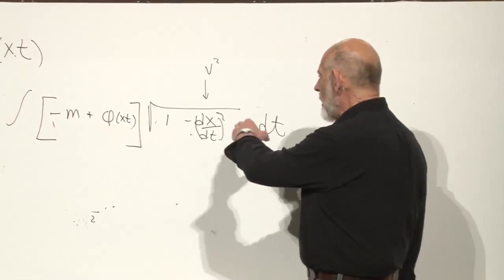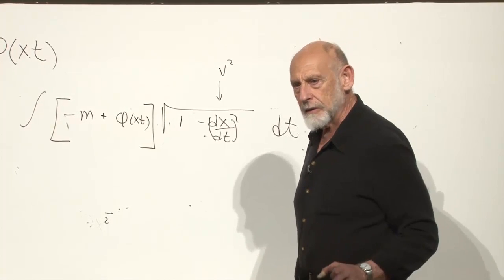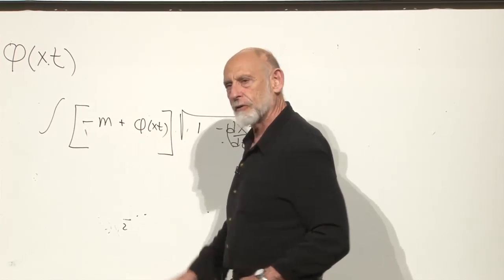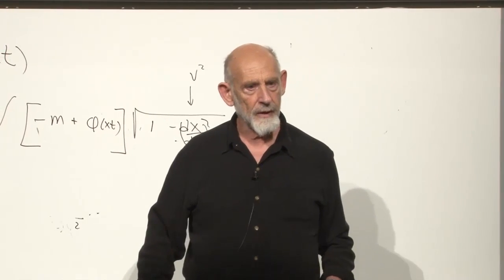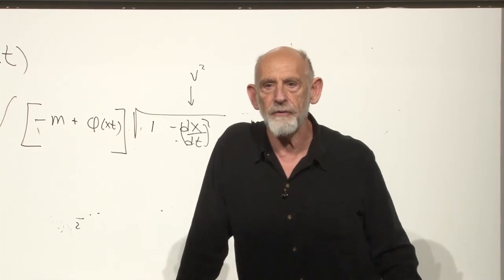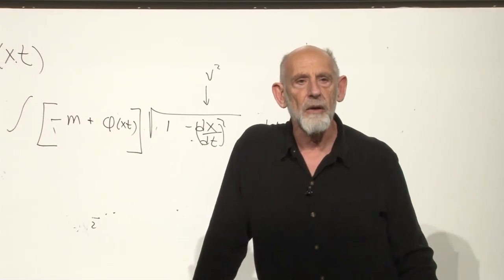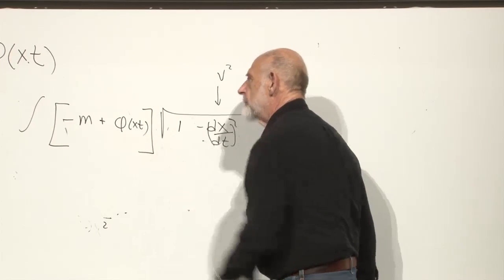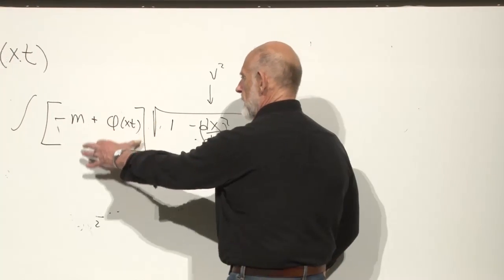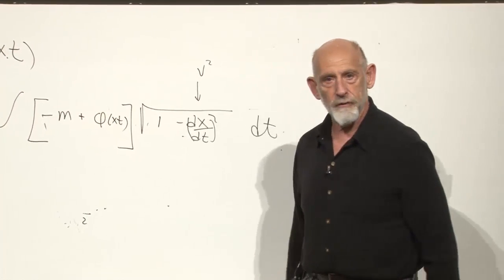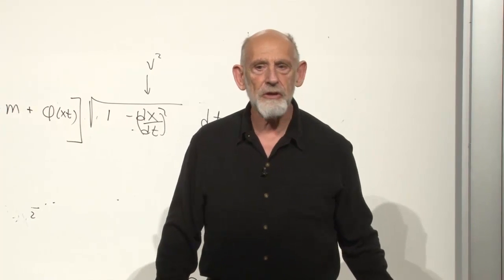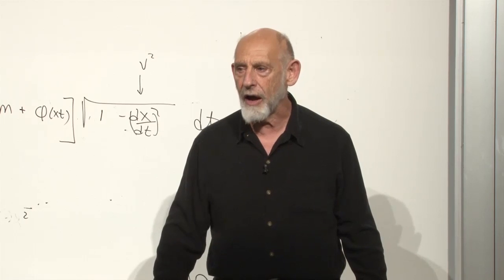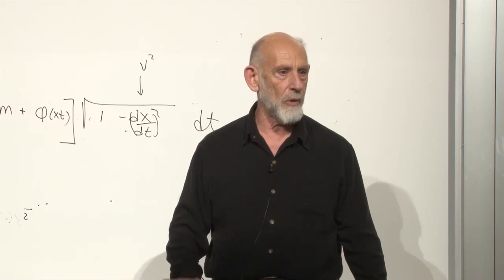The motion of the particle would be absolutely identical to a particle whose mass was m minus phi. It would be exactly the same as if the particle mass was m minus phi. Why minus? Well, it's minus m plus phi, so the mass would be m minus phi. This is the simplest example of how a scalar field can give rise to a shift of the mass of a particle.